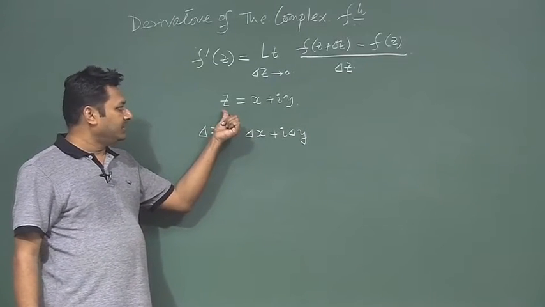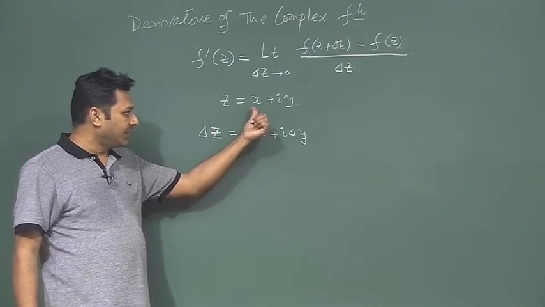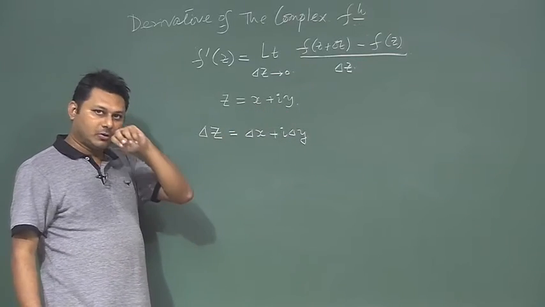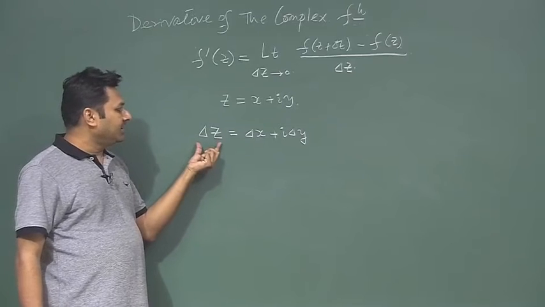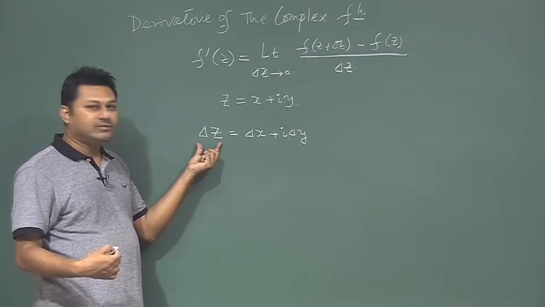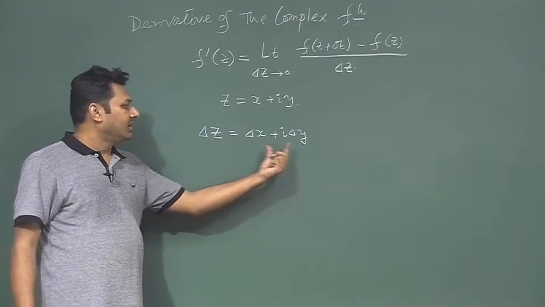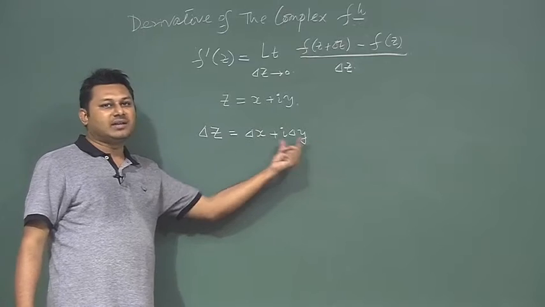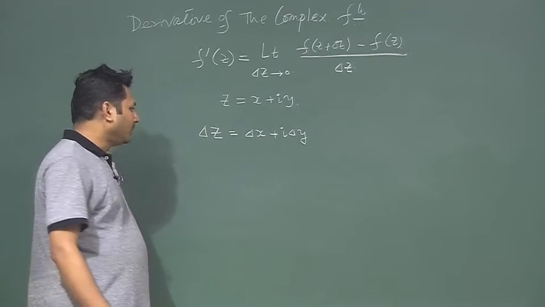This is a variable z which is defined by x plus iy as usual, where x and y both are real quantities. Delta z is a change of the variable. I want to change the variable z, where a small change of x and a small change of y is associated with this change. Fine, no problem with that.